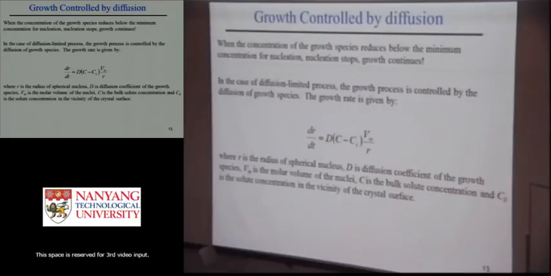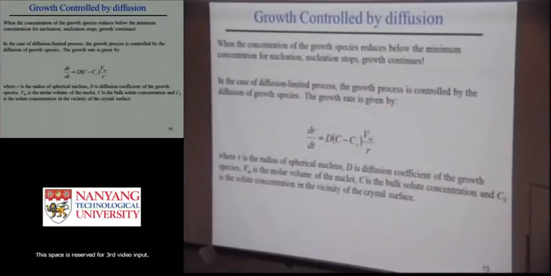Let's first look at the diffusion control process. When the concentration of the growth species is reduced below the minimum concentration for nucleation, growth continues. In the case of a diffusion-limited process, diffusion is considered to be the slowest step, so the growth process is controlled by diffusion of the growth species.